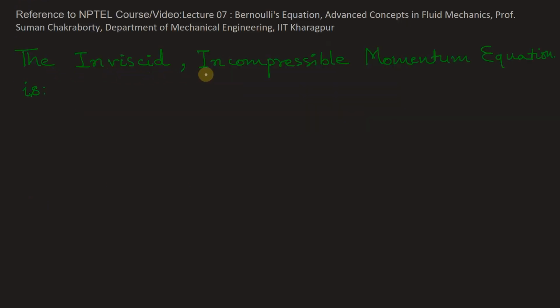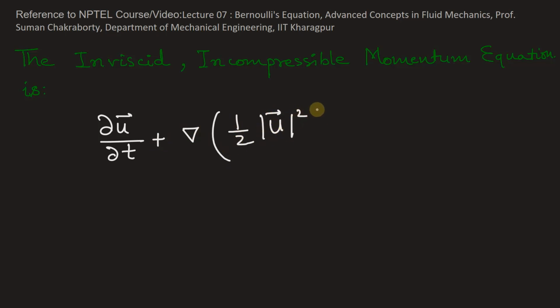From the inviscid incompressible momentum equation, we can write dou u by dou t plus gradient of half u vector mod square plus 1 by rho into gradient of p is equal to u vector cross omega vector.